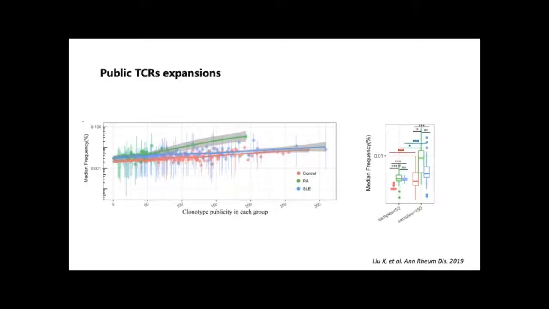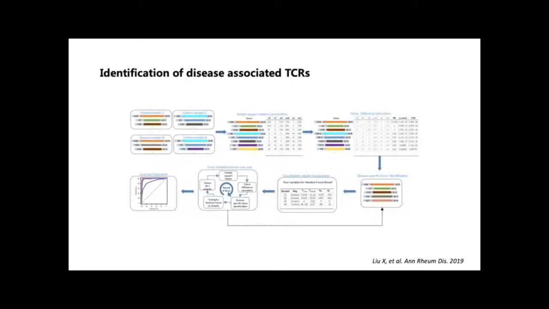We then tried to use a model to identify autoimmune disease associated TCRs. Firstly, we do a statistical test on every T cell clone in the autoimmune disease to see their incidence observed in individuals and also their frequency.